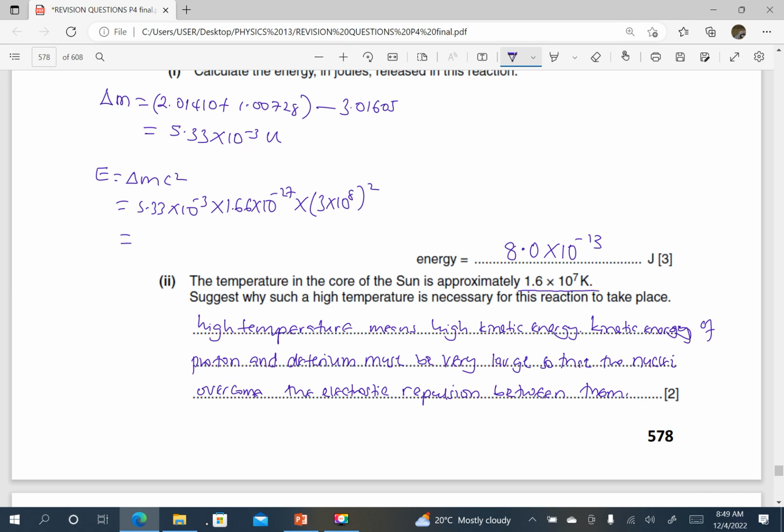Yeah, so the kinetic energy must be extremely high in order to overcome the electrostatic repulsion between the deuterium and the proton nuclei so that fusion can now occur for the reaction to take place.